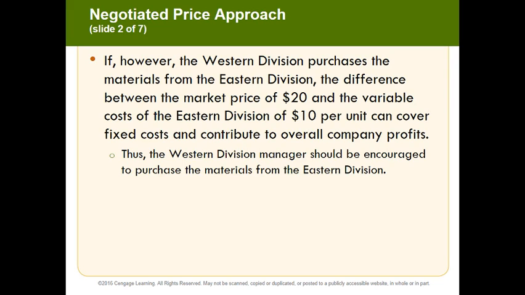However, if they were to purchase them from the Eastern Division, the difference between the market price of $20 and the variable costs of the Eastern Division of $10 per unit can cover fixed costs and contribute to overall company profits. So the Western Division manager should be encouraged to purchase the materials from the Eastern Division.